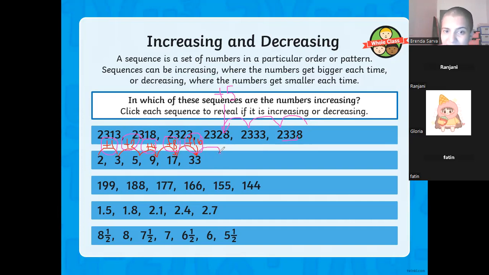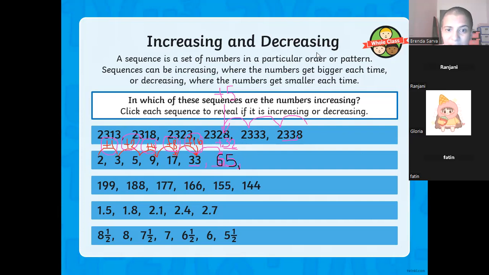So the double of 16 is 32. That is why after 33, the next number would be 33 plus 32, which is 65. The answer for the next term is 65.